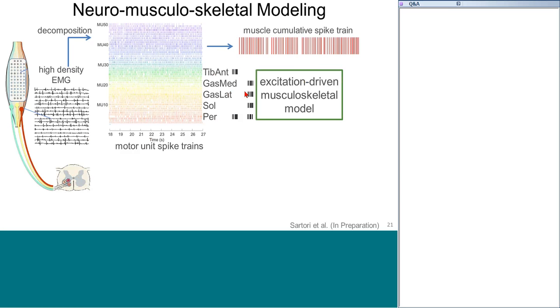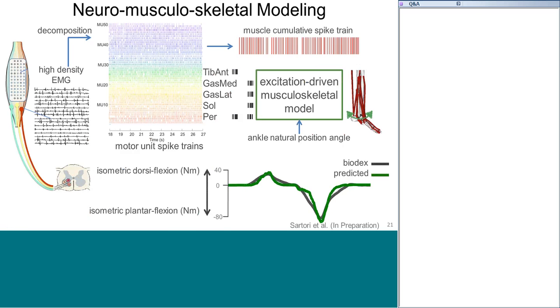And we can then use these cumulative spike trains to drive musculoskeletal models, and we can predict the functions at the joint. And our preliminary results show that it's possible to use cumulative spike trains in isometric conditions, and this is quite exciting and it's quite promising.